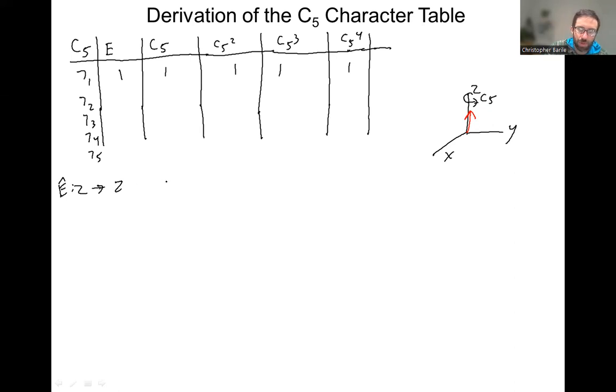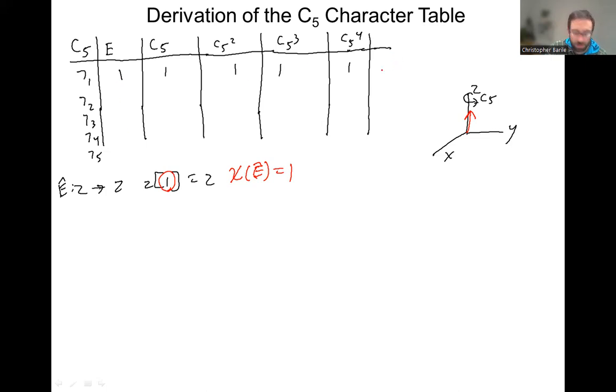Identity is just multiplying by 1. And we have a 1-by-1 matrix that describes that transformation that takes z into z. We take the trace of that matrix, which is the sum across the diagonal. It's only a 1-by-1 matrix, so it's not very exciting. But we get that chi of the identity, the character of the identity, is equal to 1.